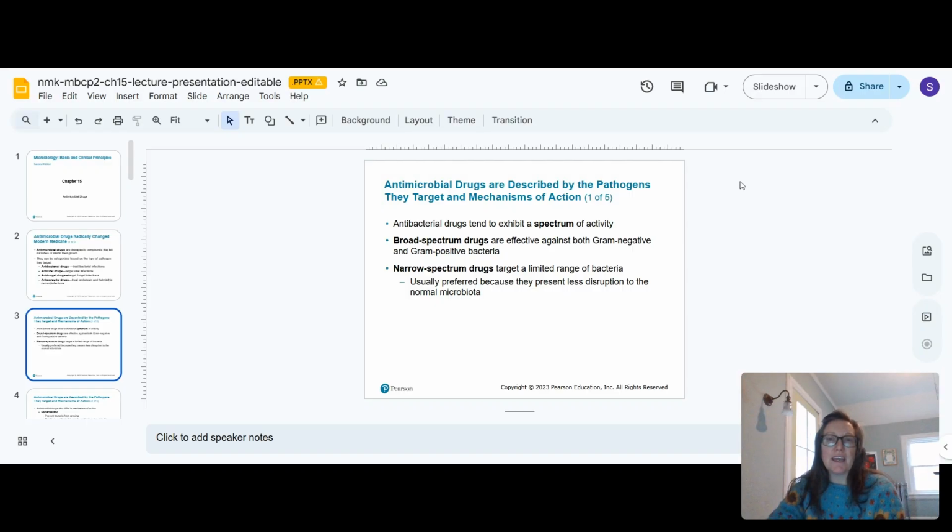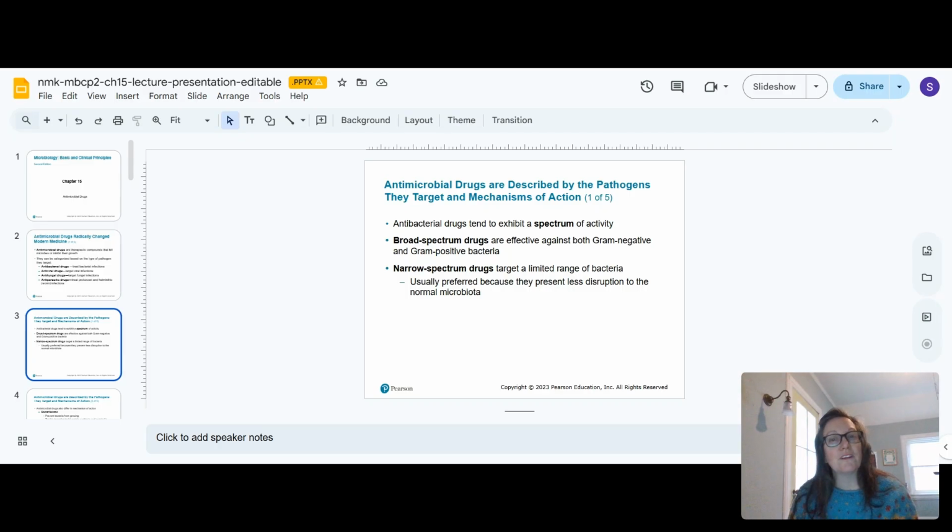These drugs can be broad spectrum or narrow spectrum, depending on what they're targeting. Broad spectrum drugs are effective against both gram-positive and gram-negative bacteria. So they have a broad reach, and the narrow spectrum drugs have a limited range of bacteria that they can target.